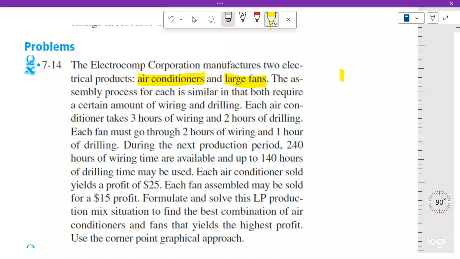The assembly process for each is similar in that both require a certain amount of wiring and drilling. So this is the activity that they must do. Remember the example of carpentry and paint and varnish? It's a lot similar to that.